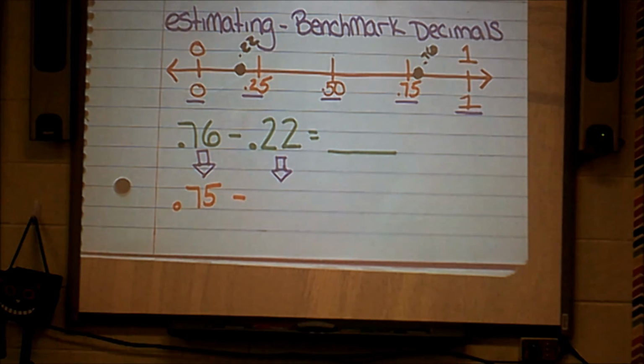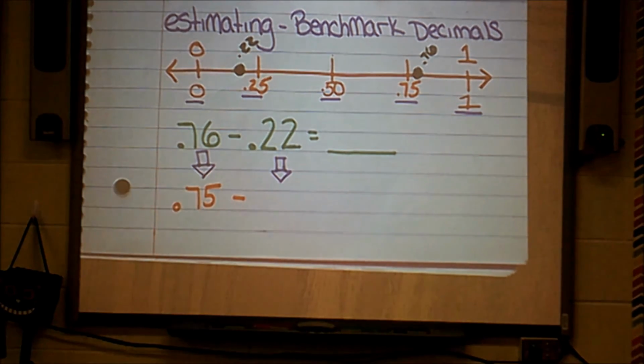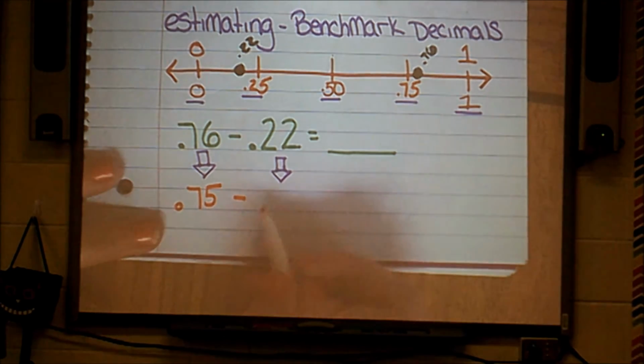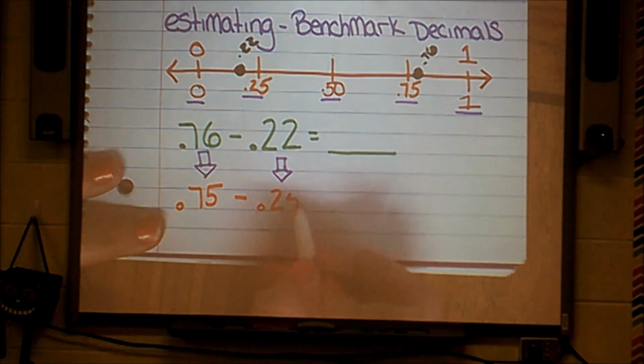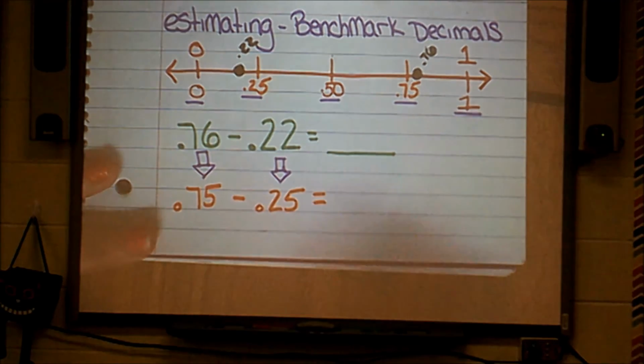When I have that number located on my number line, I can easily determine which benchmark decimal my actual number is closest to. And for my 22 hundredths, the closest benchmark decimal is the 25 hundredths. So I'm going to rewrite this as 25 hundredths.